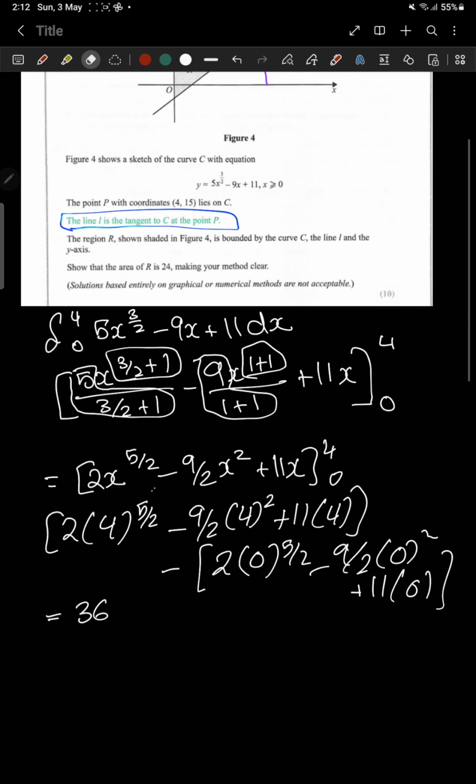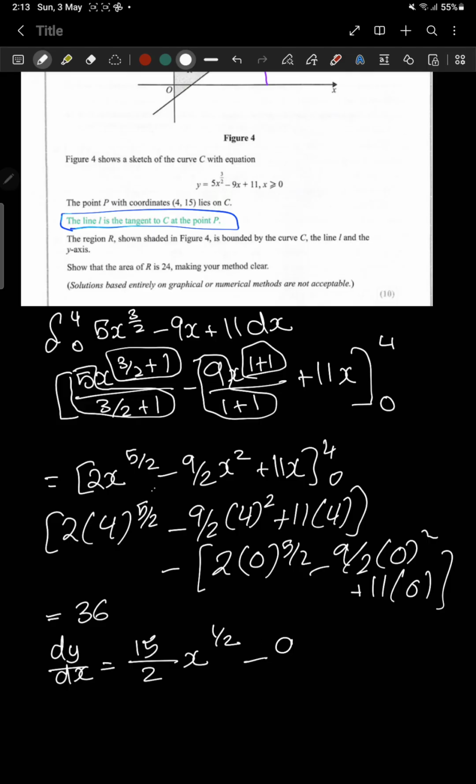Now, let me change my marker. dy over dx is now going to be 5 times 3 over 2, which is 15 over 2 x to the power of 1 over 2, minus 9. The constant differentiates to 0.